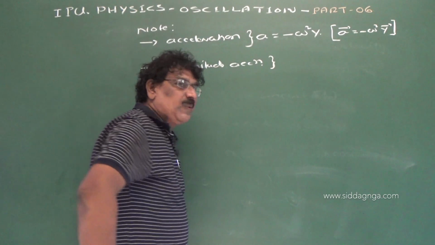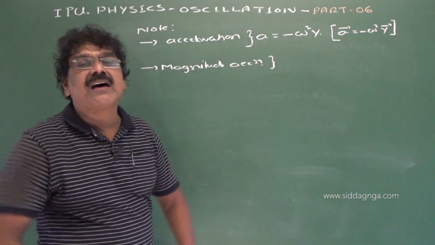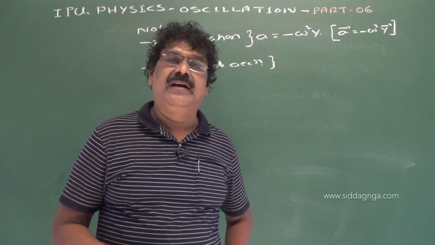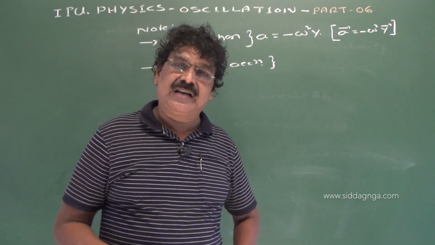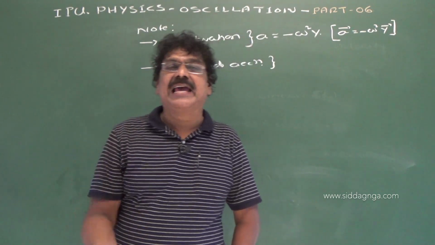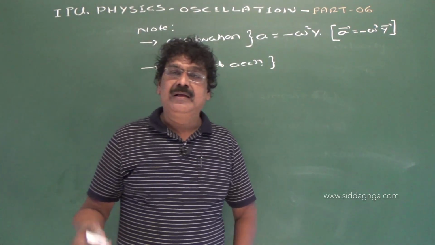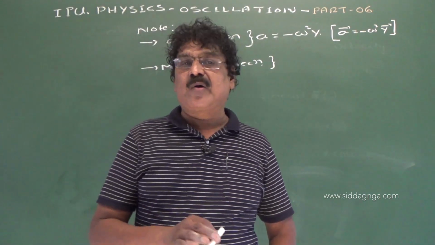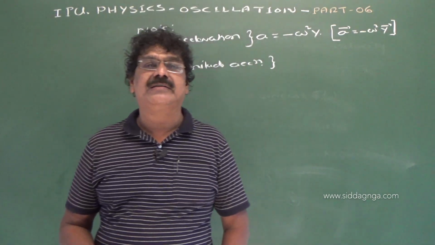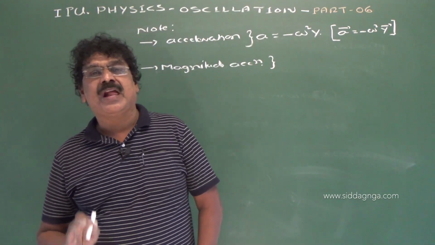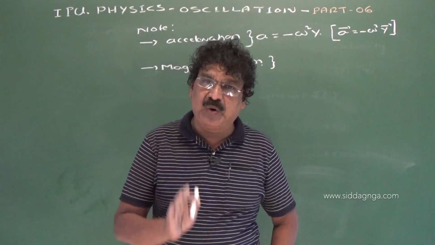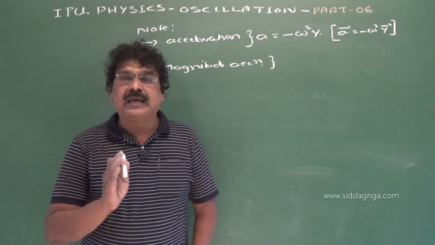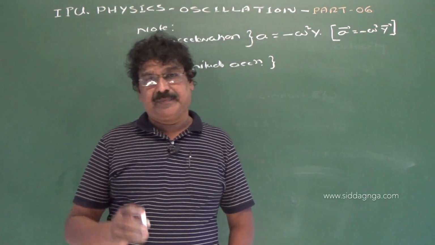sometimes we need a scalar form of an equation and a vector form of an equation. Physical equations are expressed both in scalar form and vector form. It is because some physical quantities are scalar quantities and some are vector quantities, right? A quantity which has both magnitude and direction is called a vector quantity.